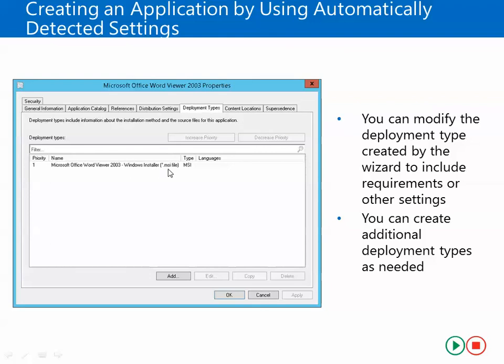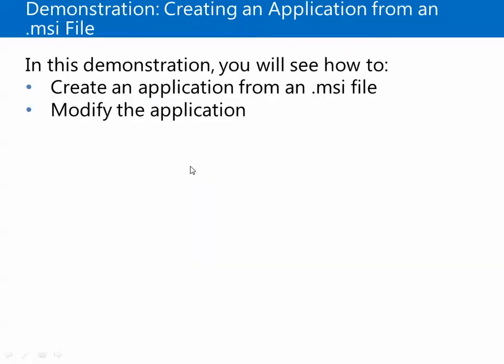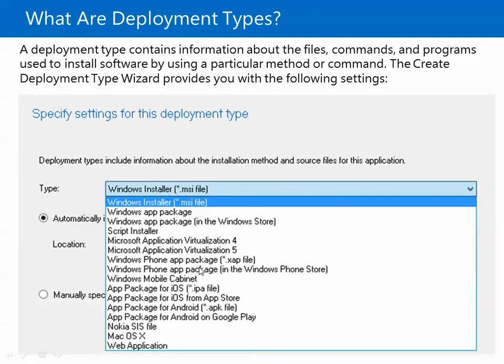Same way, deployment type. Okay, what type of deployment type you are using, MSI. See, we have different types of deployment types. A deployment type contains information about the files, commands and programs used to install software by using a particular method or command. If it is Microsoft, MSI. If it is Android, APK.